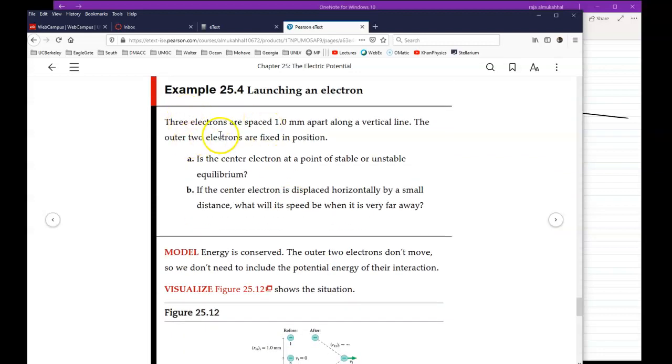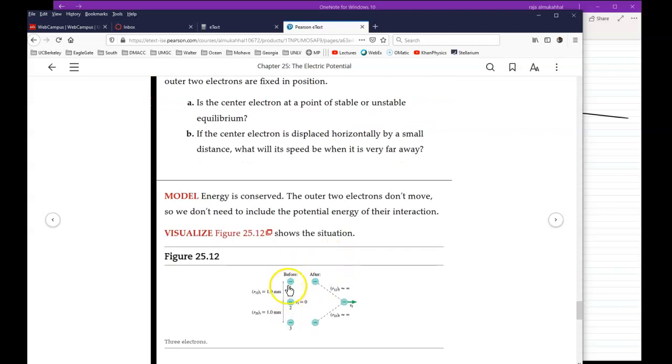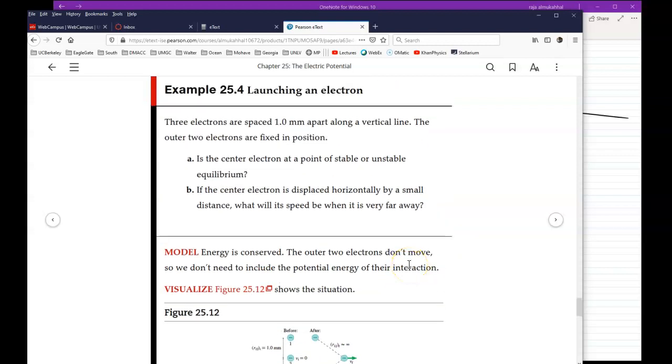It says 3 electrons are spaced 1 millimeter apart along a vertical line. Here they are: electron 1, 2, and 3, and they are 1 millimeter apart. By the way, those problems that you read at the end of the chapter or in examples are real life problems.